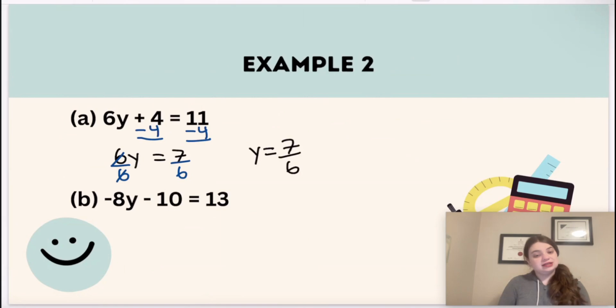Now, 7 over 6 is a number that's just a little bit more than 1. It's between 1 and 2, and we can't actually simplify this further. So if we're unable to simplify this further, we can just leave it as is. And that is a point I want to get across today, that it is possible when doing two-step equations in a lot of circumstances to get a fraction or a decimal.